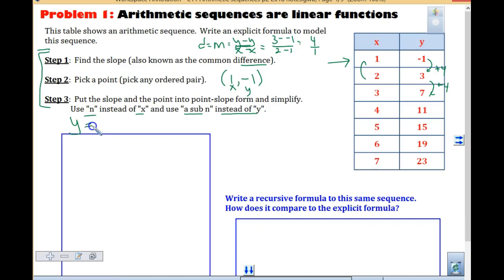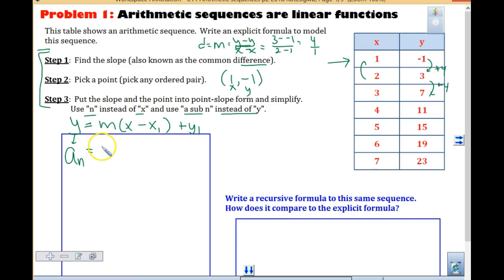So here is our point-slope form. y equals m(x minus x1) plus y1. They just said use n instead of x. So when we go to our equation, we are going to write a sub n instead of y. So a sub n equals m, which is our common difference, right?